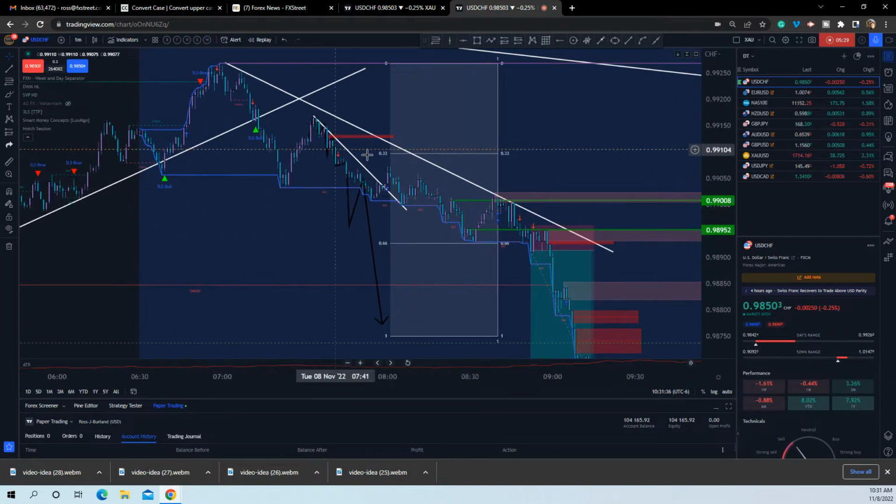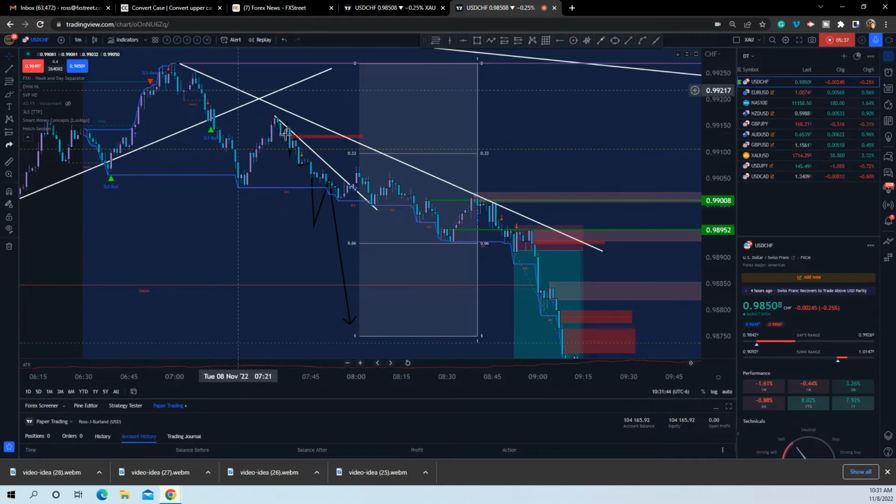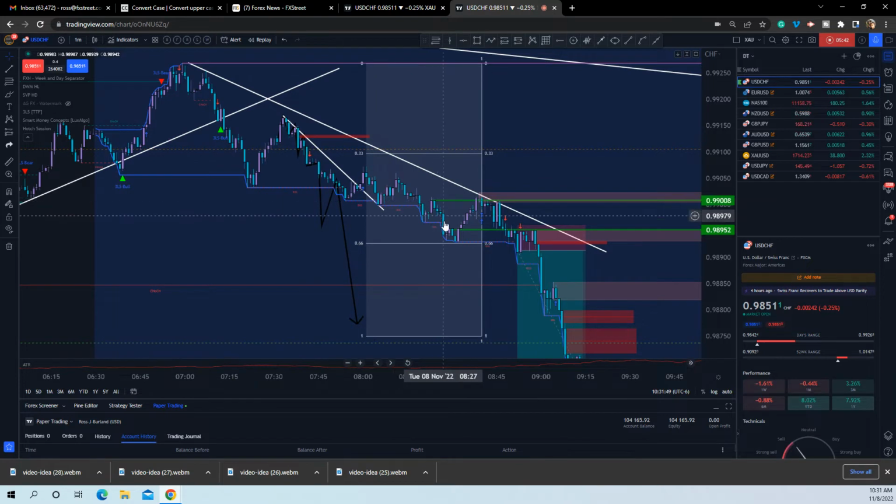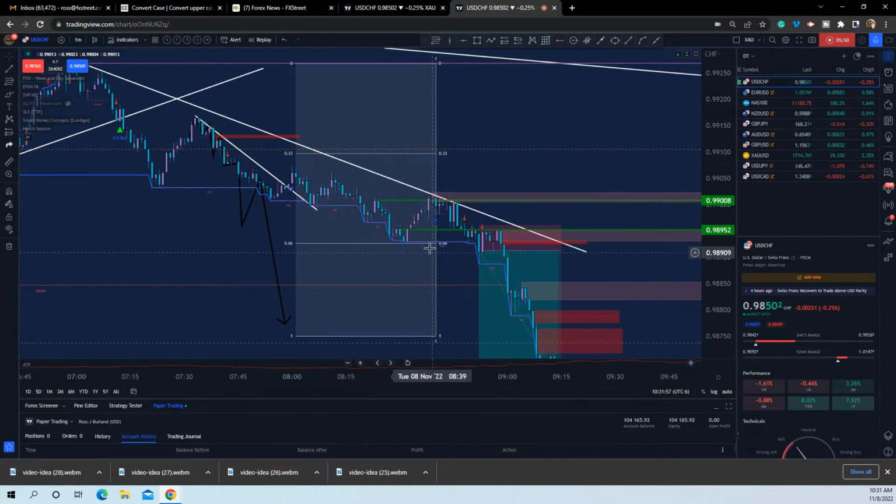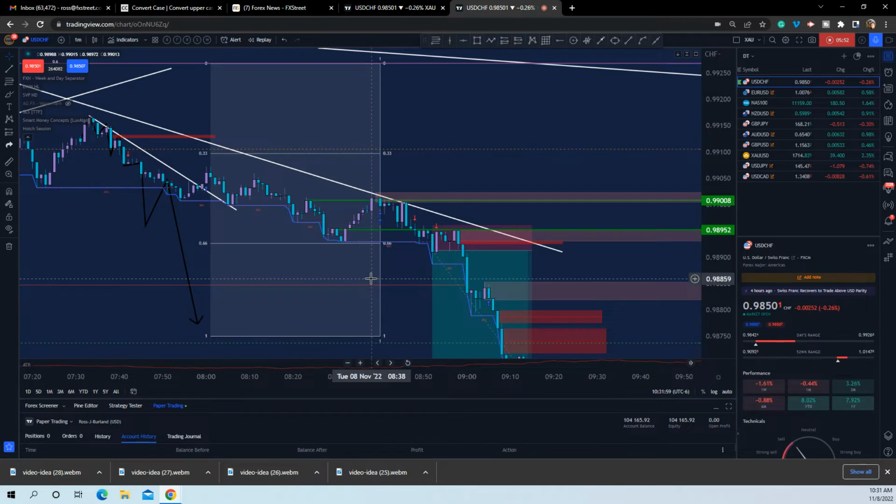However, at this point, I thought, well, 1, 2, 3 pushes. I thought, well, now we're coming into the cash open. This could be coming down to go up. So there was the W formation. There was the break of structure over here. And I got in on the retest of the pin.